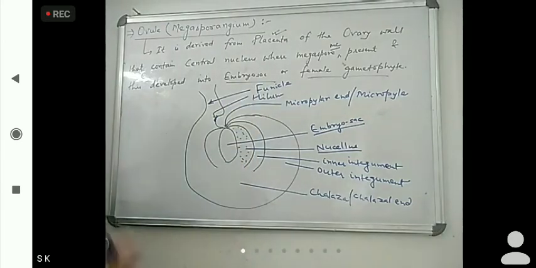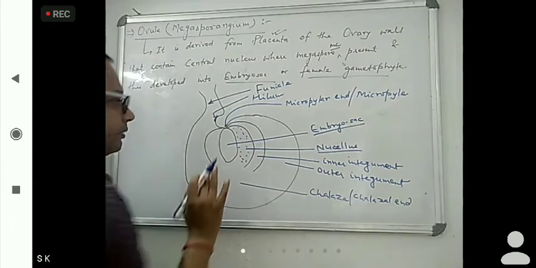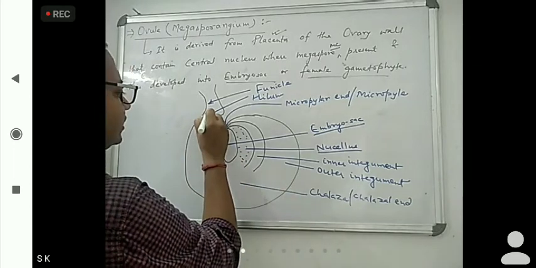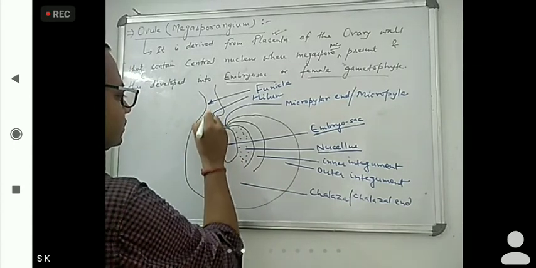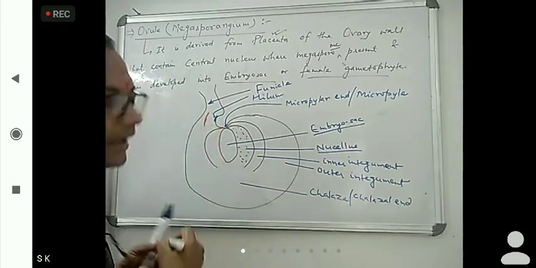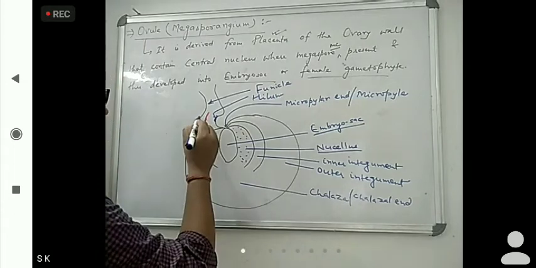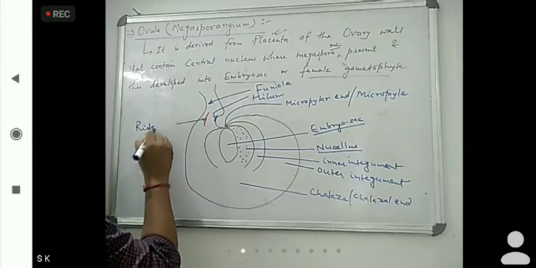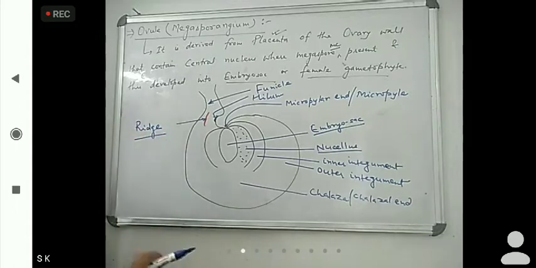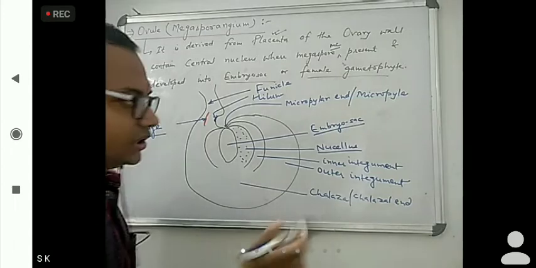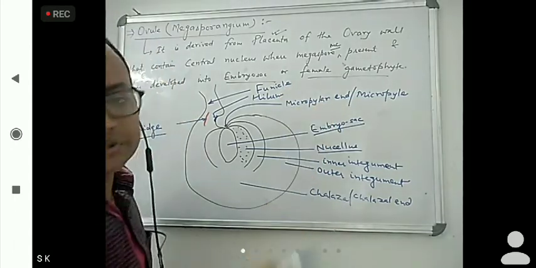Sometimes, not all the time, beyond the hilum, thread-like structures are there that are covering the hilum. This is known as raphe. It is present in some plants. So this is the typical structure of an ovule.